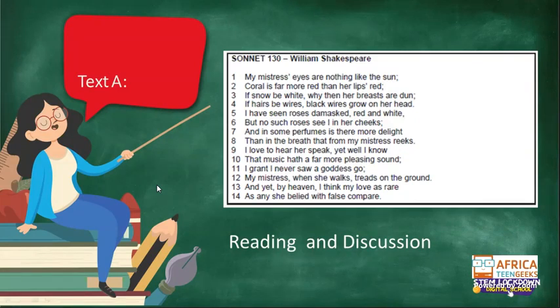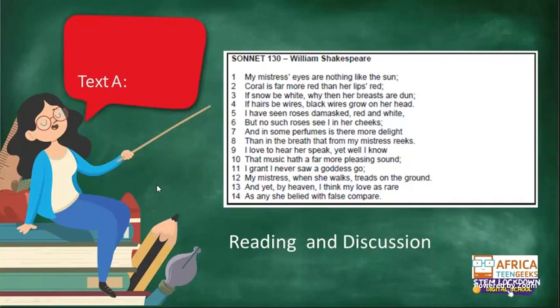Yes. Okay, so what I would say, guys, is he is basically saying that most men, most people in this era, will only celebrate a woman if she looks a certain way, right?